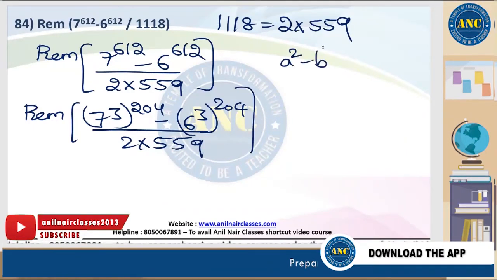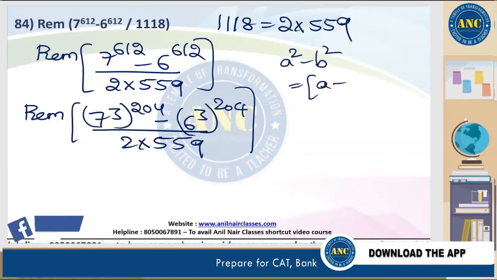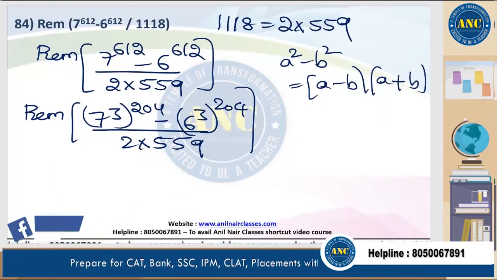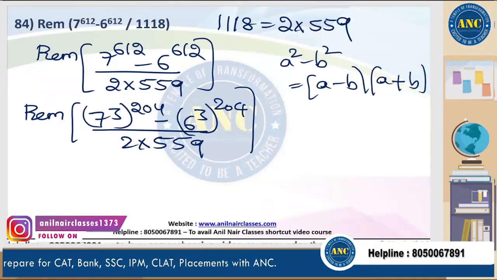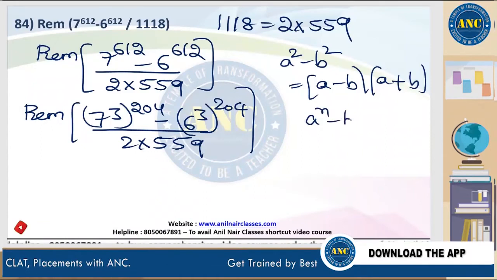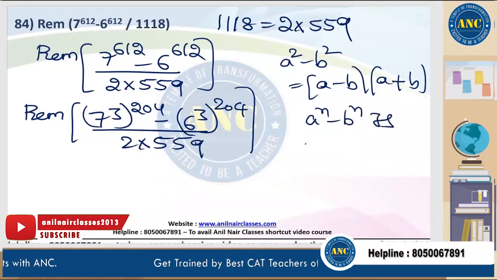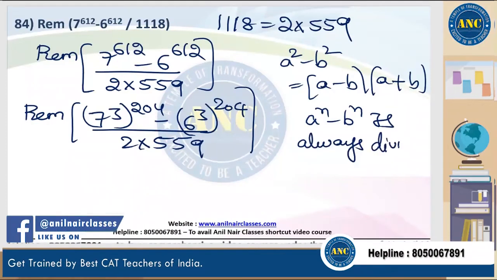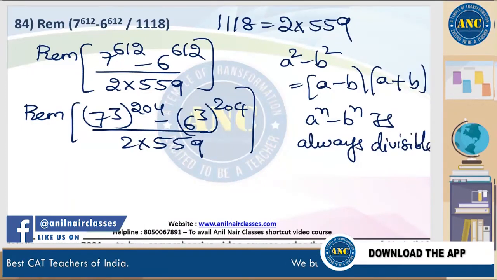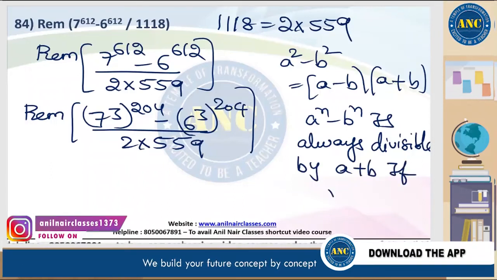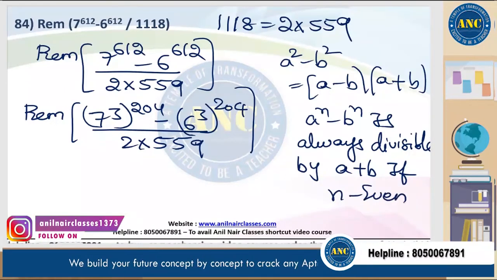A square minus b square is a minus b into a plus b. Similarly, 204 is an even number. A power n minus b power n is always divisible by a plus b if n is even.